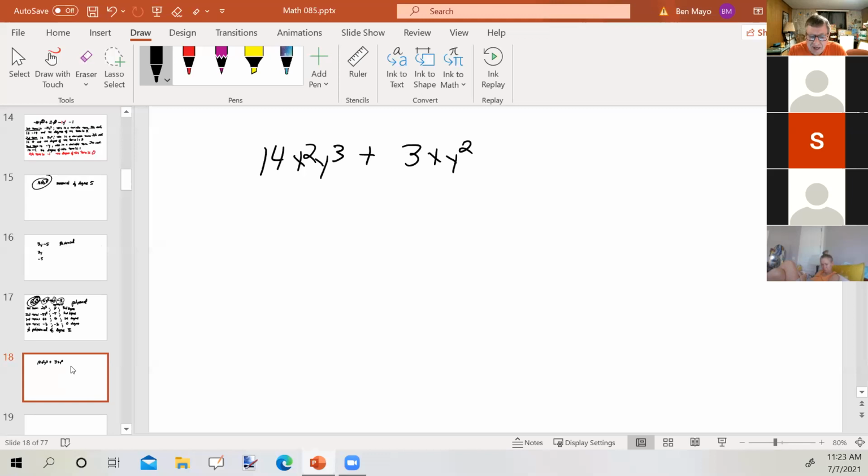Okay, the second term is 3xy squared. The coefficient of the second term is 3. The degree of the second term is also 3 because don't forget there's an implied 1 if there's no exponent written. So we've got a 1 on the x plus 2 on the y is 3. Okay, so the first term is degree 5, the second term is degree 3.